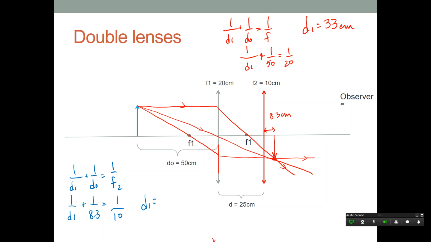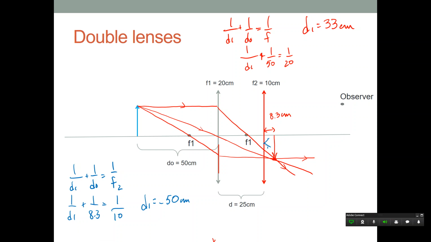What'd you get? Minus what? Minus 50? That's a big number. So where is the image, in fact? All the way over here, right? So if it's 50 centimeters away, it should be somewhere here.